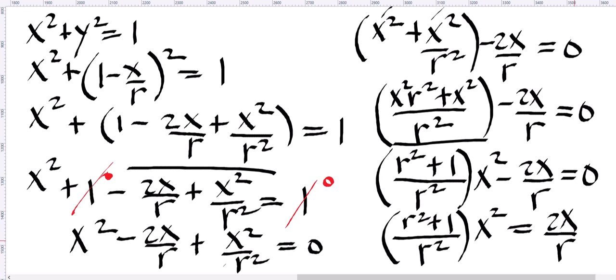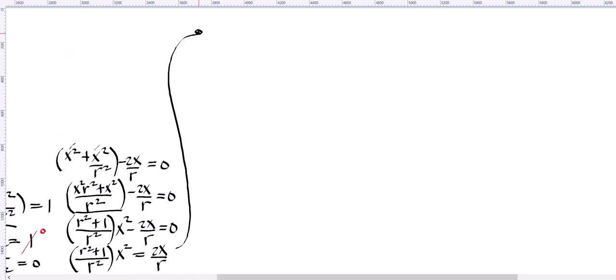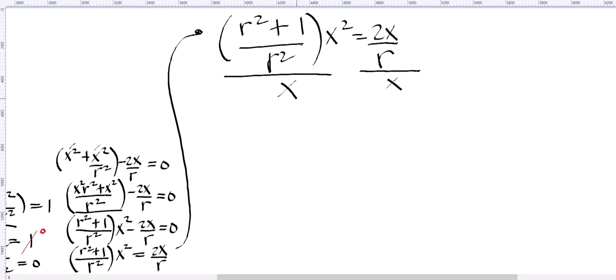And since we are here solving for x, knowing that x is not equal to 0, remember that this x here cannot be equal to 0 since it's a point in the first quadrant. So P here is a point on the unit circle that is not on any of the axes. Since we know that x is not equal to 0, we may divide both sides of the equation by x.